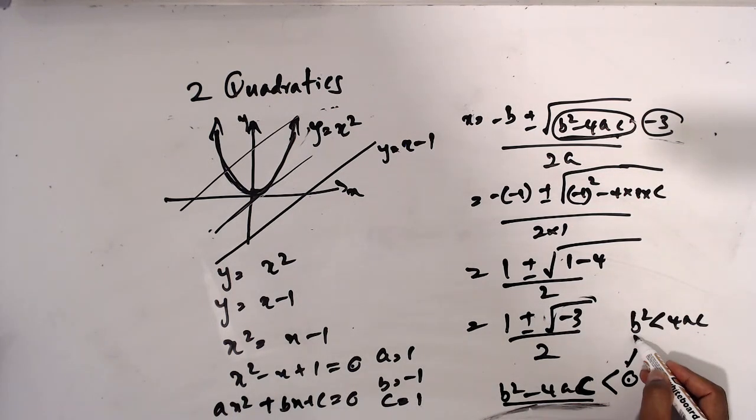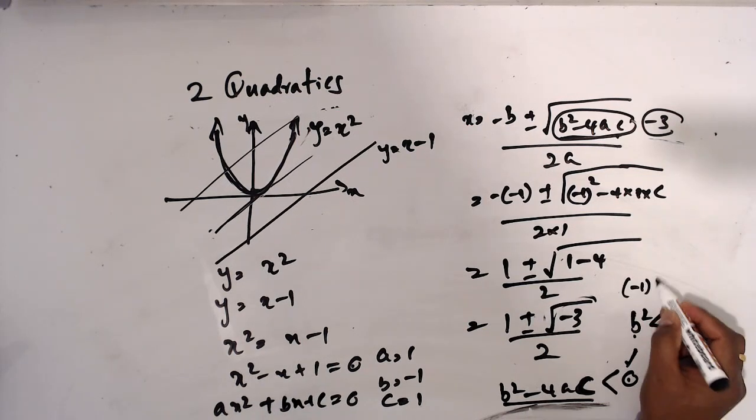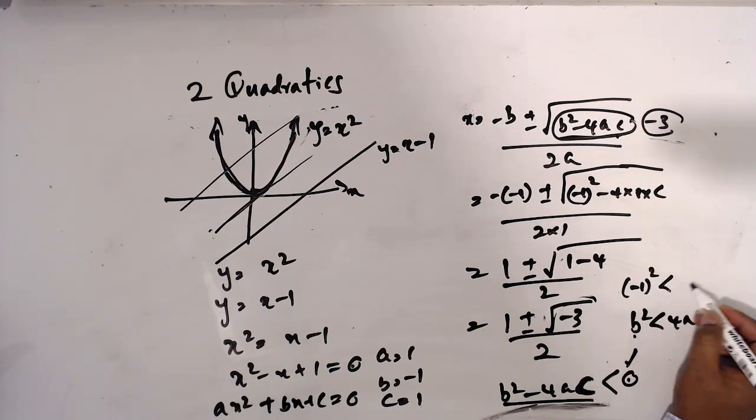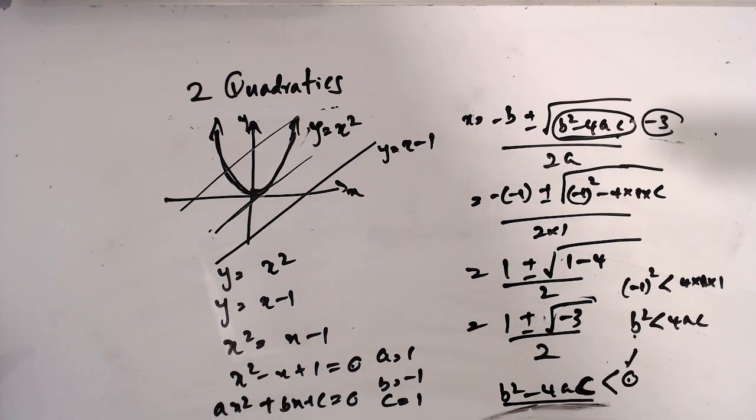B is minus 1, square, minus 1 square less than 4 times a, 1 times 1. So if you fulfill this requirement, then we can't find the solution.